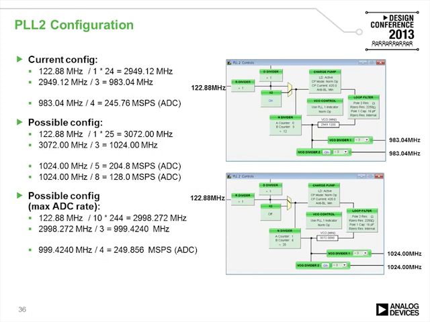Now, some people have said that they didn't really like our selection of clocks, and you can change those around as you see fit. The current configuration is 122.88 times 24, which gives you the 2949 megahertz clock, which divides down to 245.76.